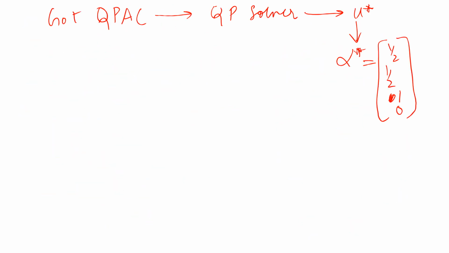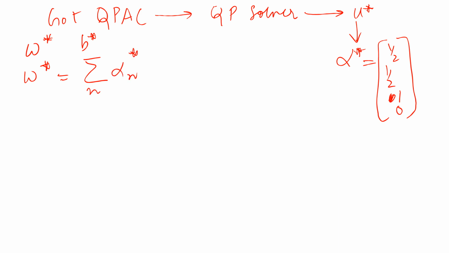Now the question arises, I'm still not done, because this alpha is the variable in my dual, and so I still need my W star and my B star. How do I get them? Well, we have talked a lot about them. All I'll do is simply substitute the values in here.